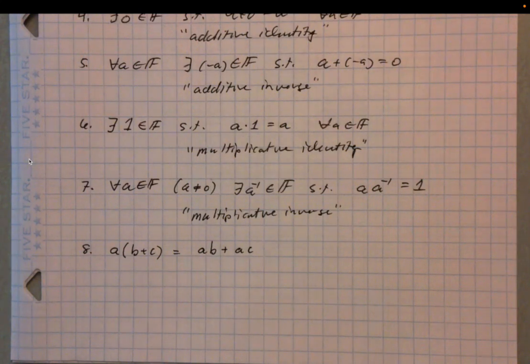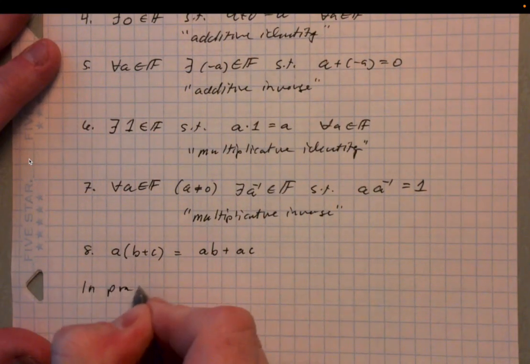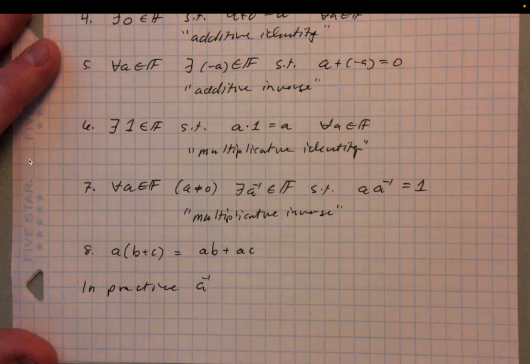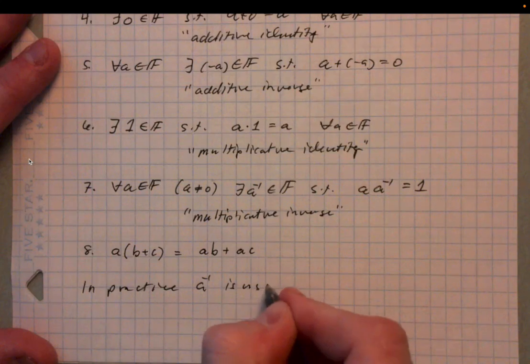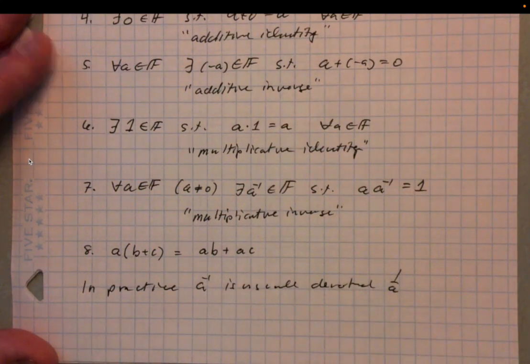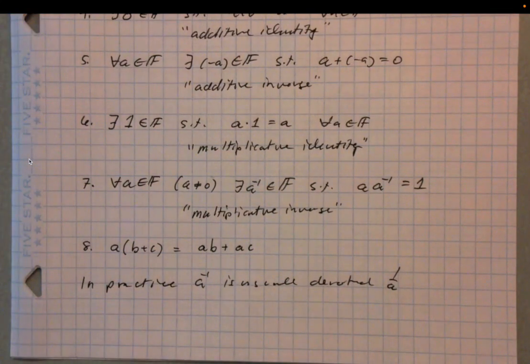Okay, so just a little bit more along this topic. Now in practice, this a inverse, this multiplicative inverse, is usually denoted as 1 over a, right? And usually that's what we're thinking of. As an example, for the number 10 in the rational or real numbers, the multiplicative inverse, you wouldn't write 10 to the negative 1, though if you did, it wouldn't be wrong.